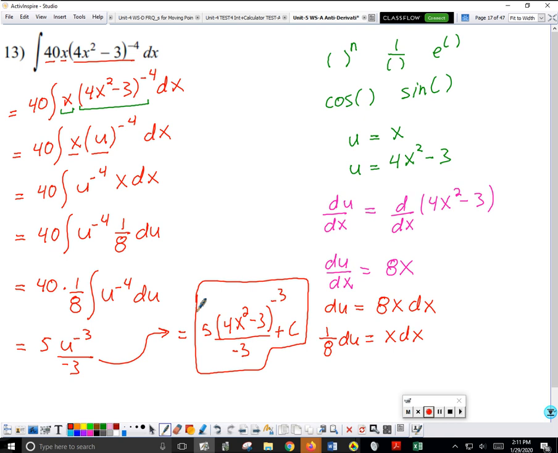Just think of it as you have two symbols, the big S and the du, and they're telling you, like parentheses kind of, that what's in between needs to be anti-differentiated. So when you find the antiderivative, you don't need the symbols anymore. They're just there telling you what to do.